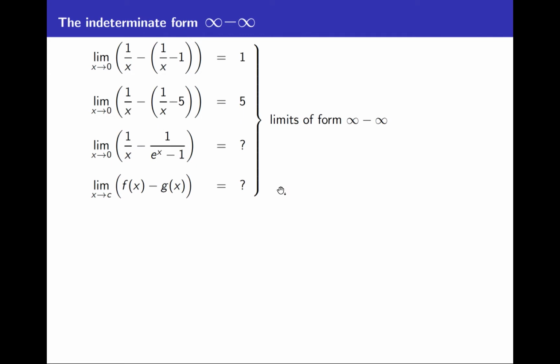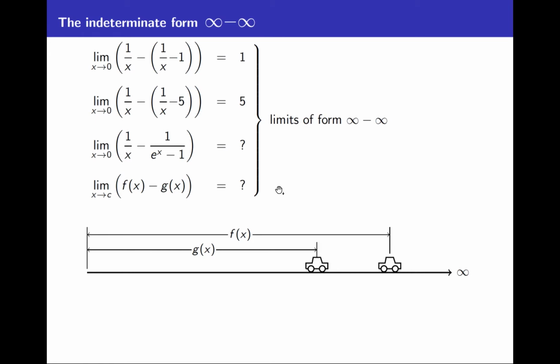Here's a way to visualize this indeterminate form, infinity minus infinity. The limit as x goes to c of f of x minus g of x, as f and g both go to infinity. Think about two cars racing down the x-axis, racing towards infinity. And the car that's a little bit ahead is, let's say, f of x units from 0, the origin, and the other car is g of x units from 0. And f of x and g of x are just going to infinity, so these cars are racing to infinity.